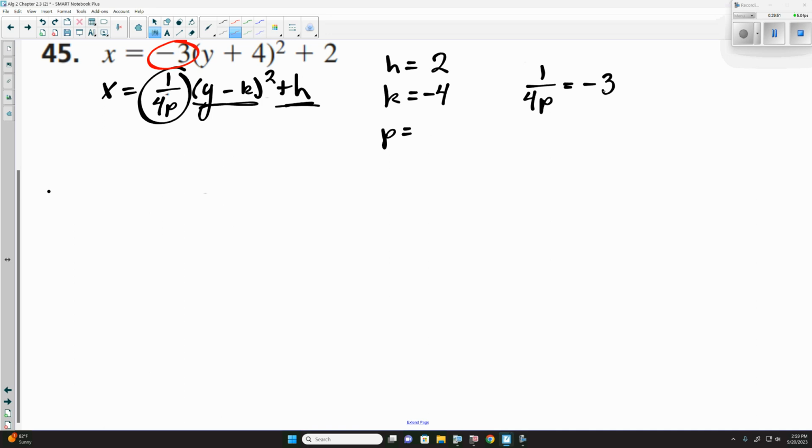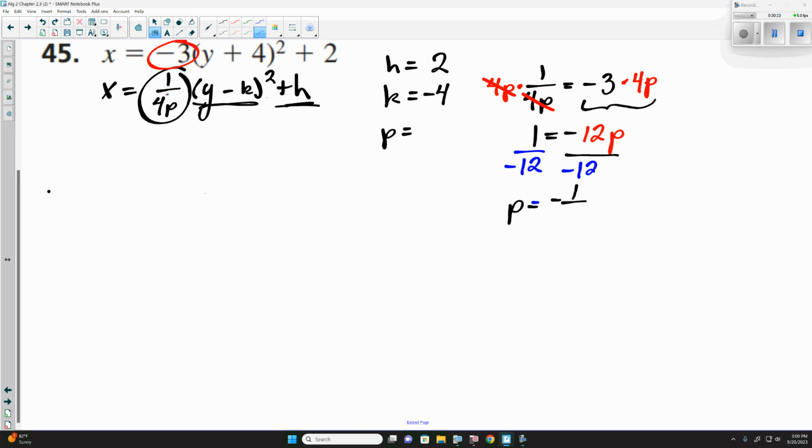Now at this point here, to get p by itself, we would multiply both sides by 4p. Now over here, the 4p and 4p would simplify out to 1. Now on the other side, we have negative 3 times 4p. Well, negative 3 times 4 is negative 12p. What do we need to do to get p by itself? We would divide both sides by negative 12, telling us p is negative 1/12.